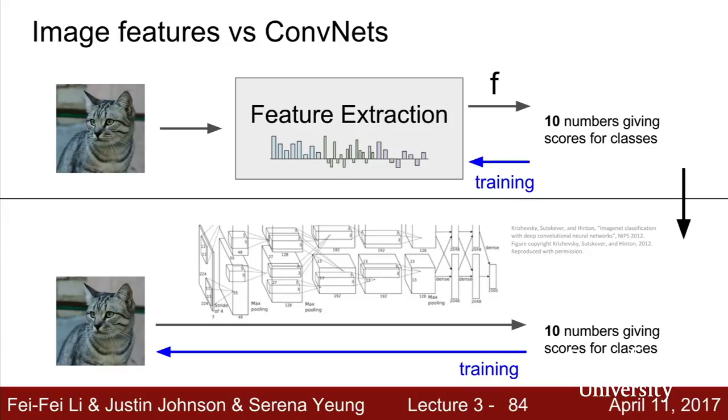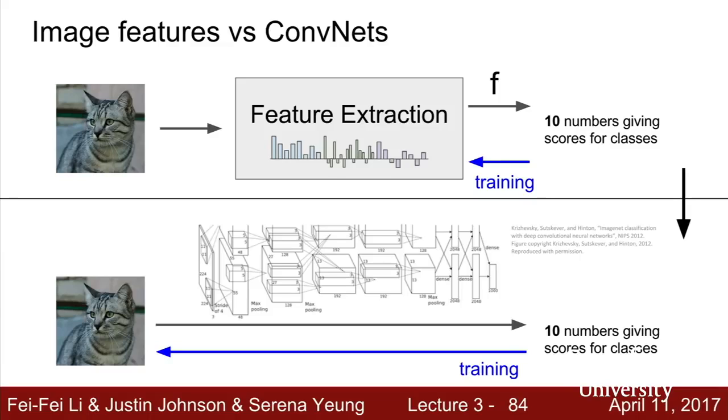I'm simplifying a little bit; the pipelines were more complex than that, but this is the general intuition. After you extracted these features, the feature extractor would be a fixed block that would not be updated during training. During training, you would only update the linear classifier working on top of the features.